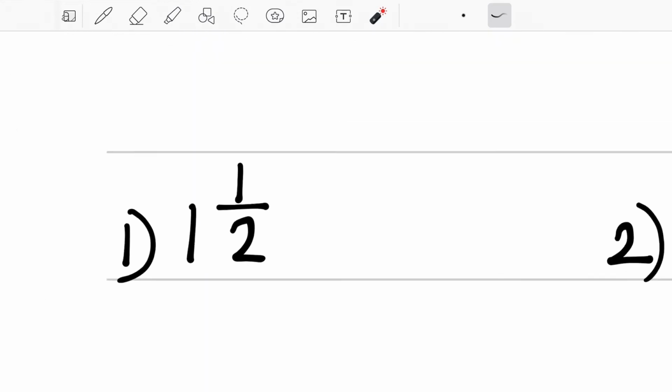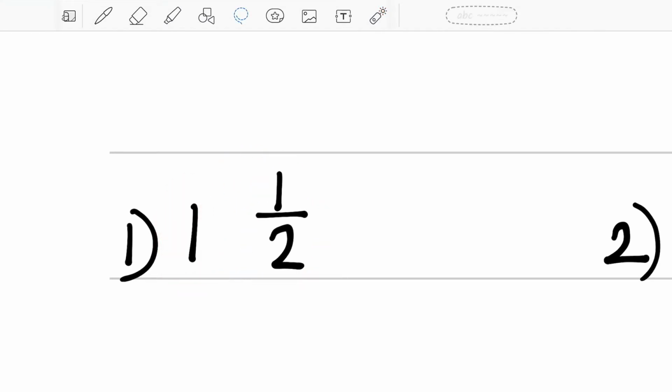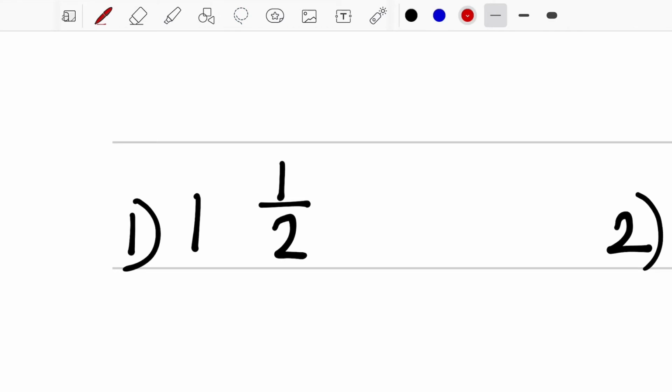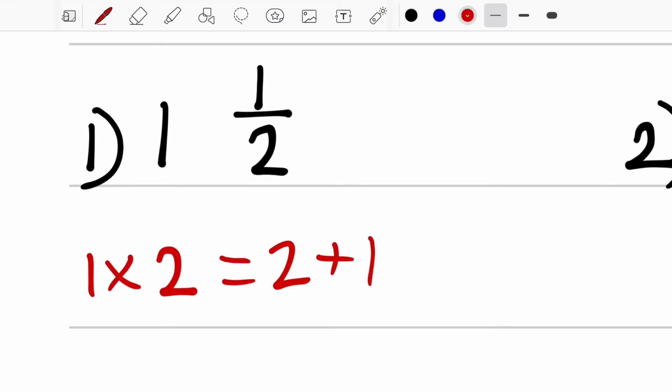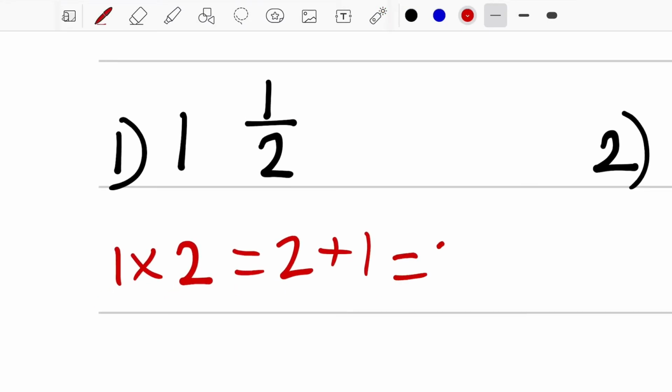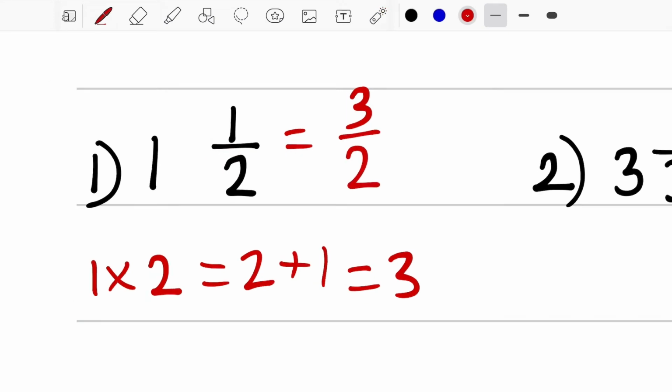So in order for us to do that, we must multiply the whole number by the denominator. So let's do that. 1 multiplied by 2 will be equal to 2, and then we must add the numerator. So 2 plus 1 is 3. And now we put that answer over the denominator. So that's 3 over 2.